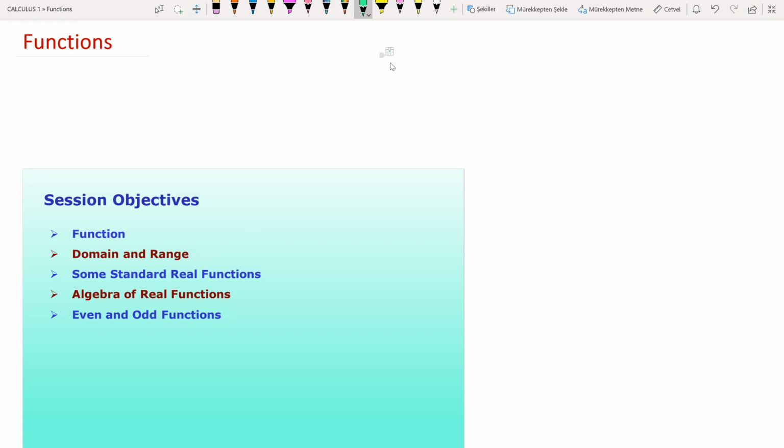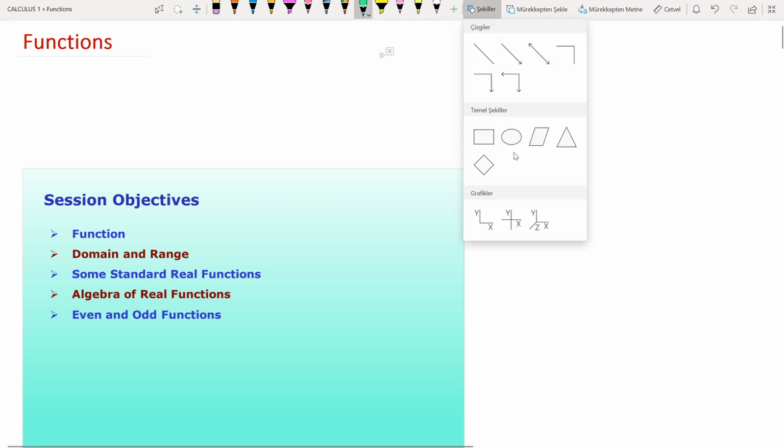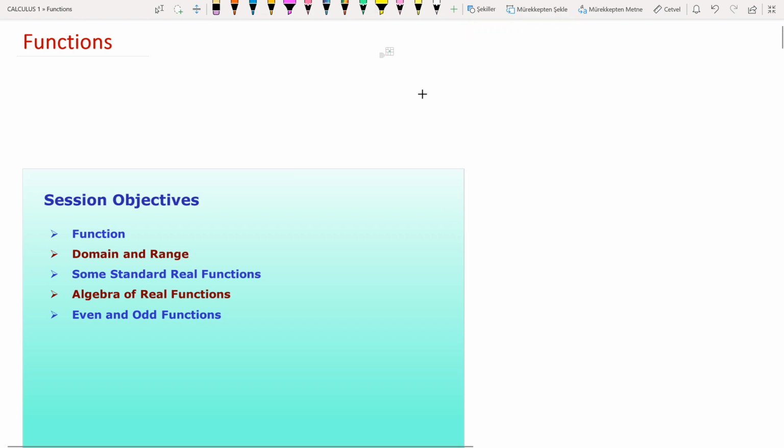What is a function? A function can be considered as a machine or as a computer program. So let's say we have a computer program or a machine. As you remember, we have some inputs and outputs, both when we have a computer program and when we have a machine.